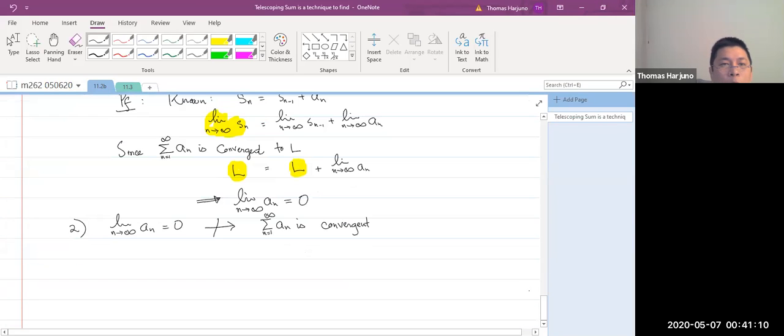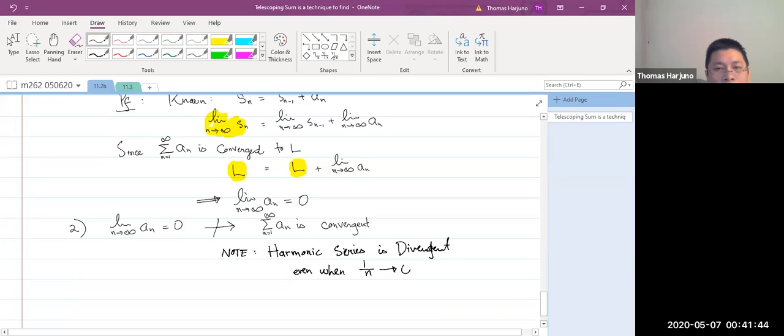Why? We have seen through a note that the harmonic series is divergent, even when 1/n, the sequence, actually converges to 0.